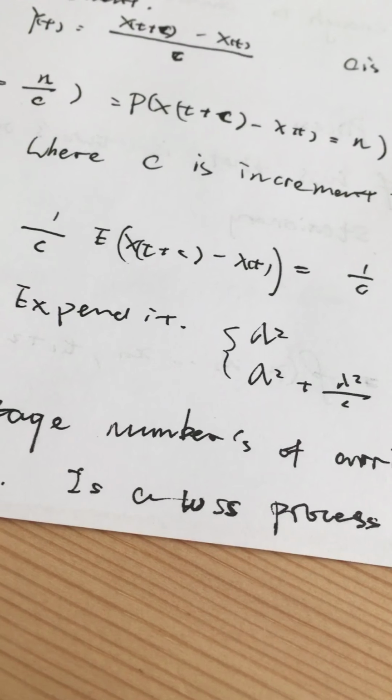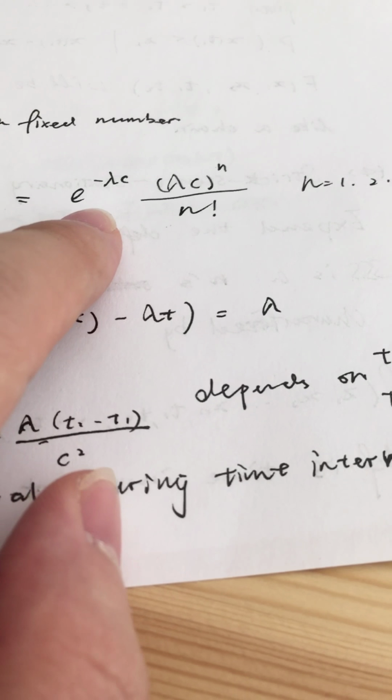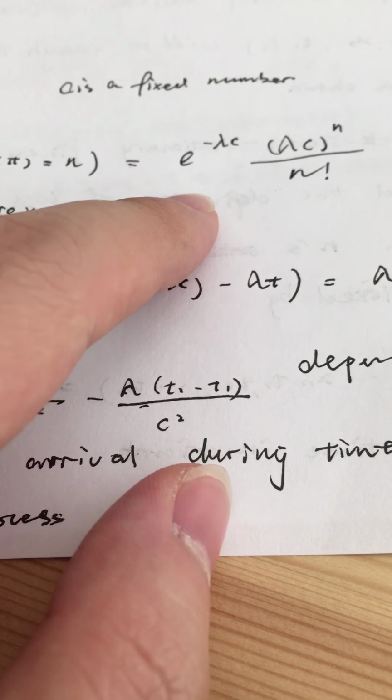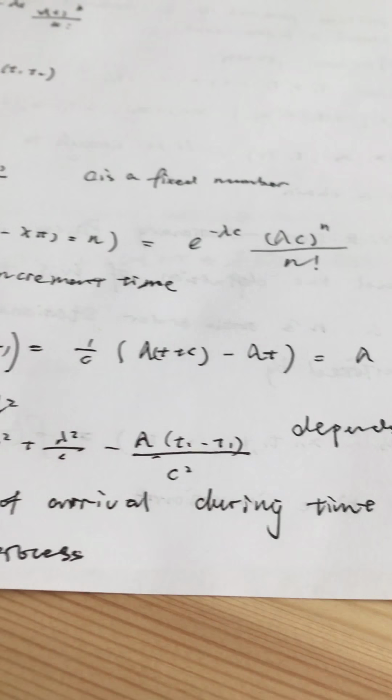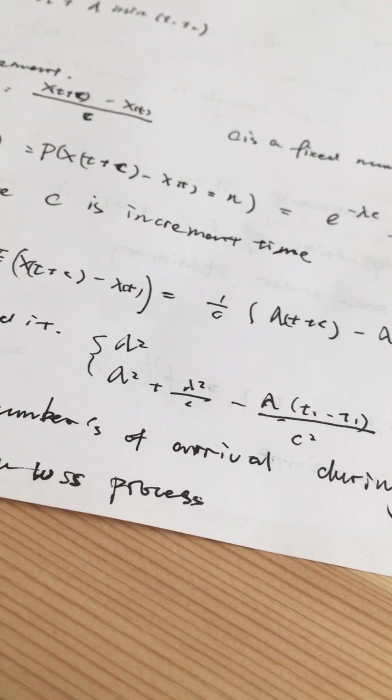So we just replace tau with c, with the probability mass function e to the power of minus lambda c times lambda c to the power of n over n factorial, and n is 0, 1, 2, 3 to infinity, where c is the increment time.